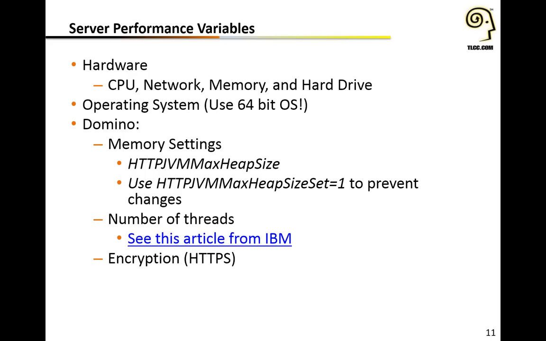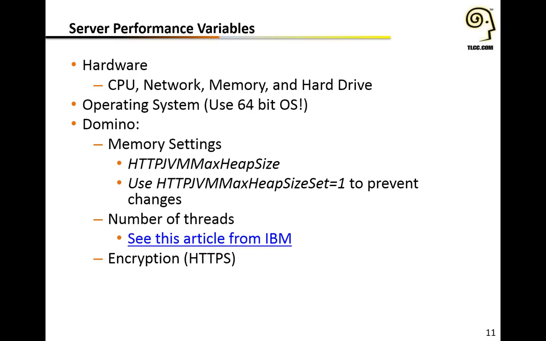The reason I say that is obviously 32 versus 64. 64 is always better, but a 32-bit operating system limits the Domino HTTP task to using only 2 GB of memory, whereas a 64-bit OS can use the full amount of memory that's available. So that's probably the biggest issue using a 32-bit OS.